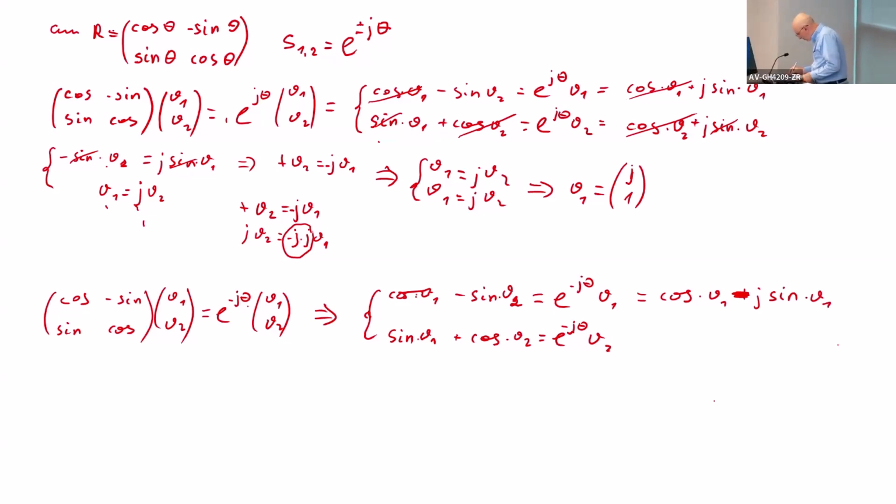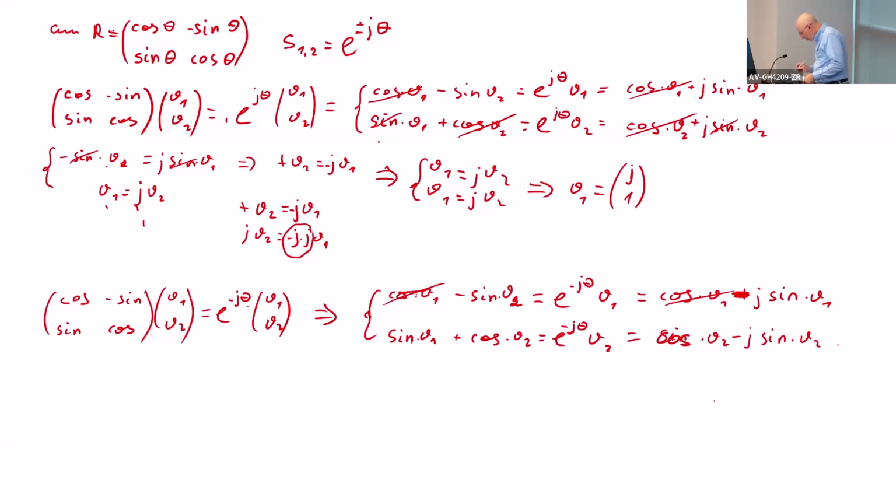The second one will be cosine times v2, and then again minus j sine times v2. All right, here things are again canceling, since sine cancels with sine.